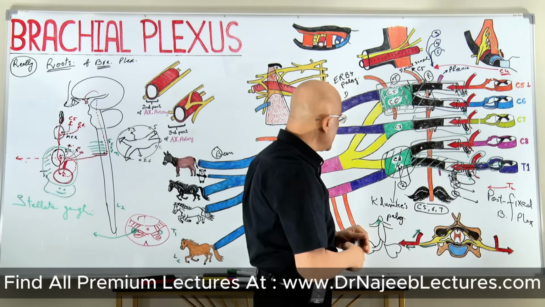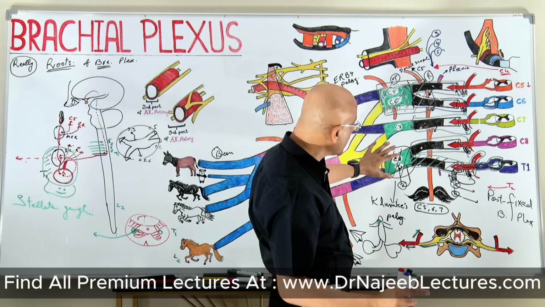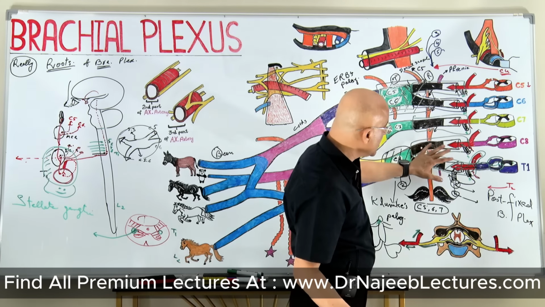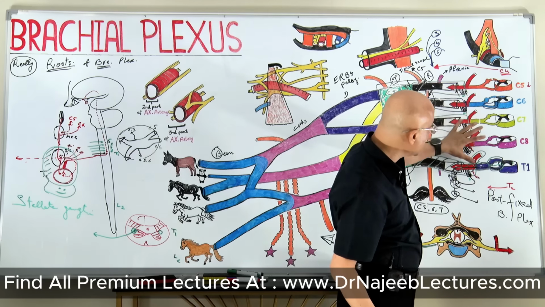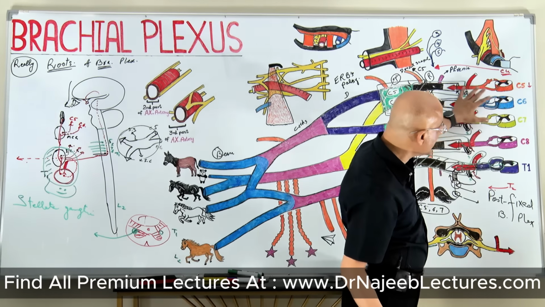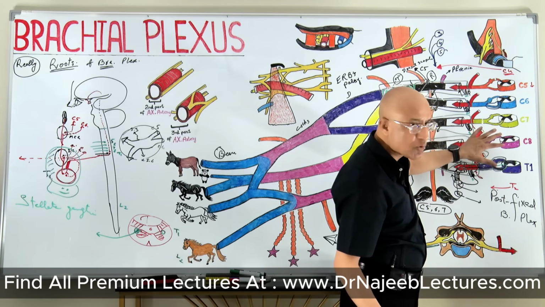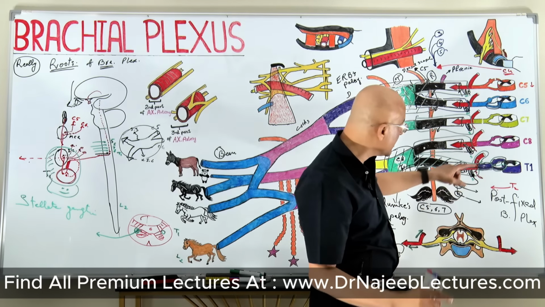Now, we have just studied the basic structure and components of roots and trunk, and especially we tried to make confusions clear related with the roots of the spinal cord. So what did I make clear in today's lecture?